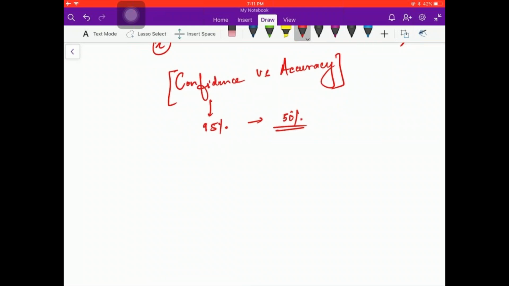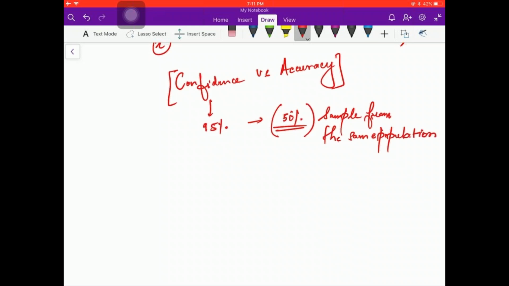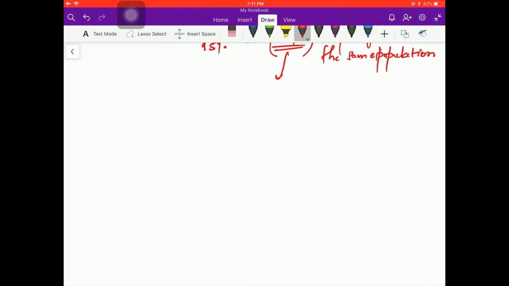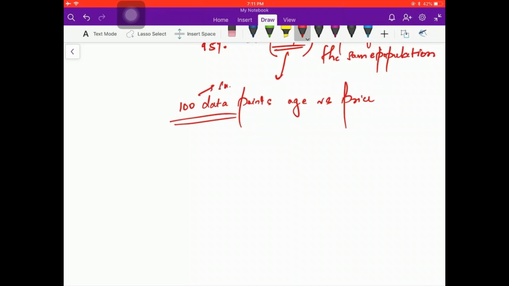It means if you take a different sample from the same population, 95% of times you will end up with an accuracy of 50%. Now what is the population? Let's say you have 100 data points of age versus price. You just have collected 100 data points, so that's a sample.